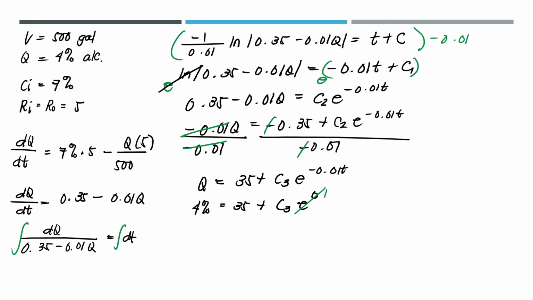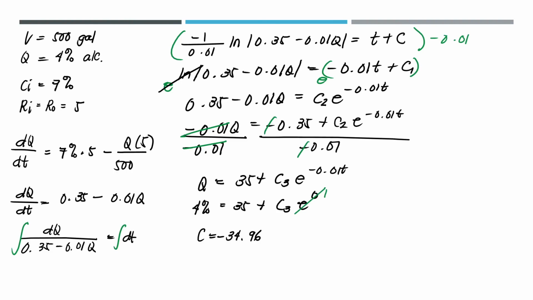Therefore, C3 is equal to negative 34.96, kasi guys, remember, 4% is the percentage of how much alcohol is present. So we have negative 35 plus 4%, which is negative 34.96.